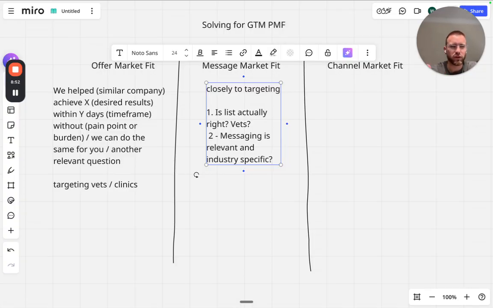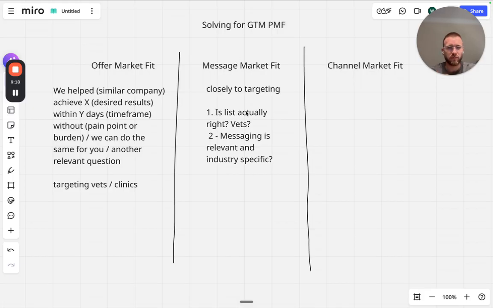If you're targeting vet clinics, you wouldn't be using the same language that you would be using if you were targeting infrastructure projects in the UK for oil and gas pipeline development. It's just two totally different ecosystems, and so you have to use different industry benchmarks. They're going to care about different things, and so this is really the majority of what you're looking for when it comes to offer market fit and message market fit.